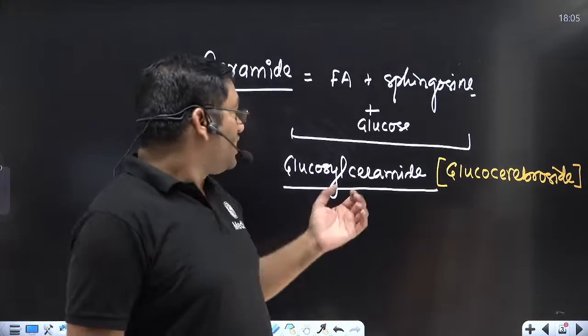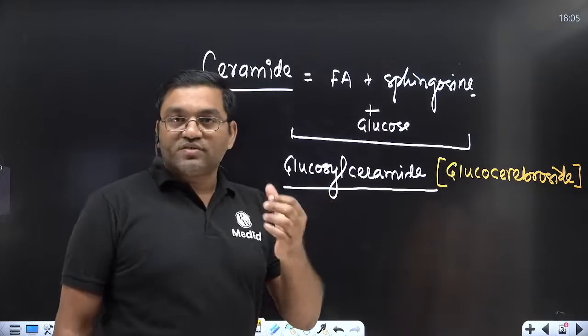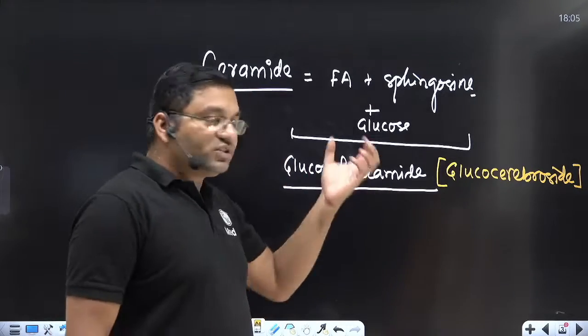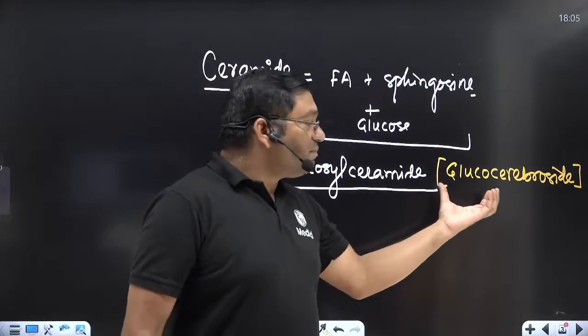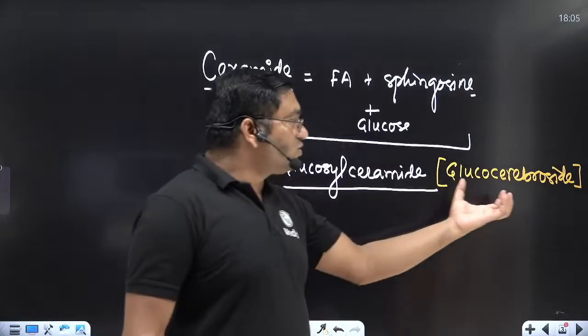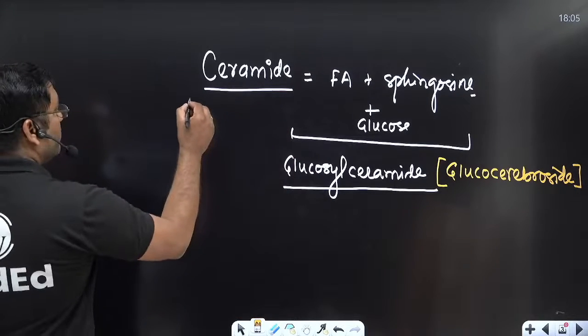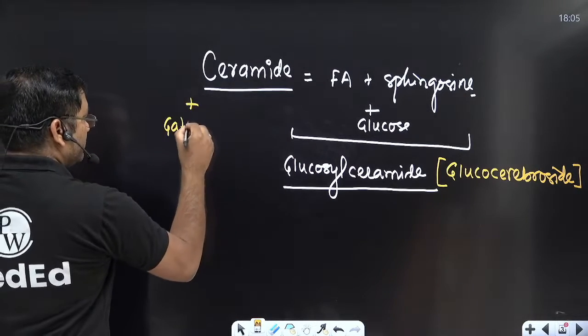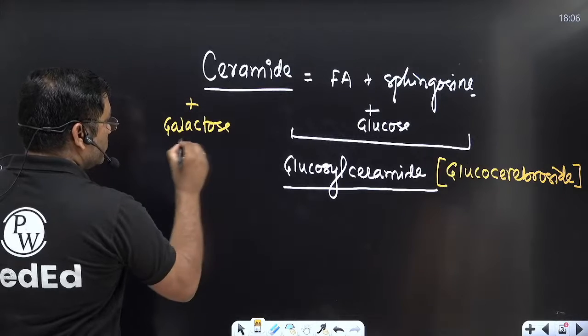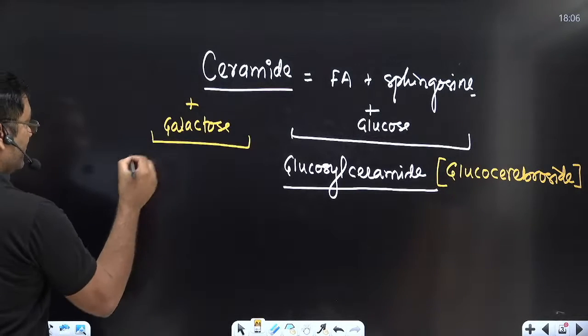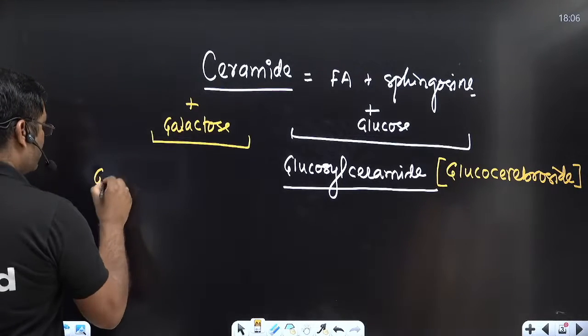The beta glucocerebrosidase, or beta glucosidase, acts on glucosyl ceramide. Now, if it is ceramide plus galactose, it is known as galactosyl ceramide or galactocerebroside.